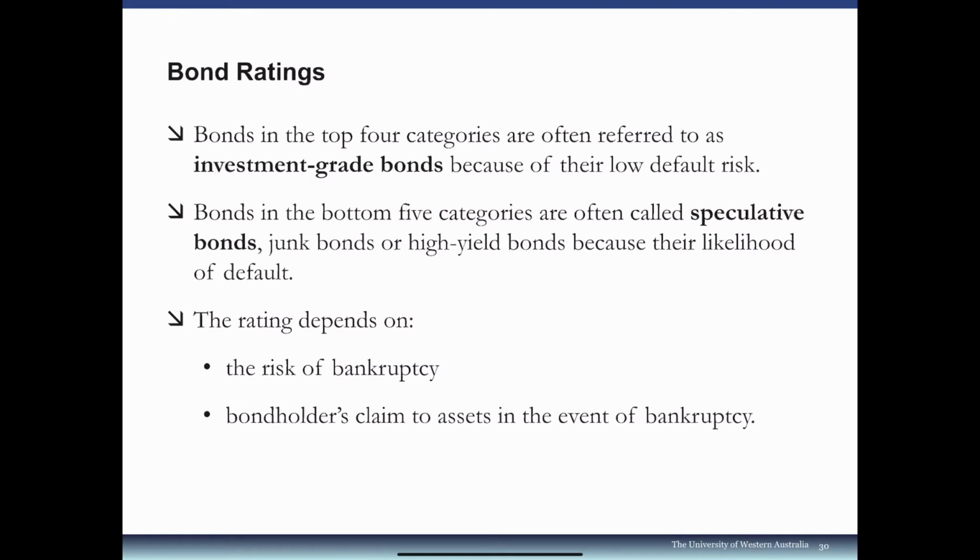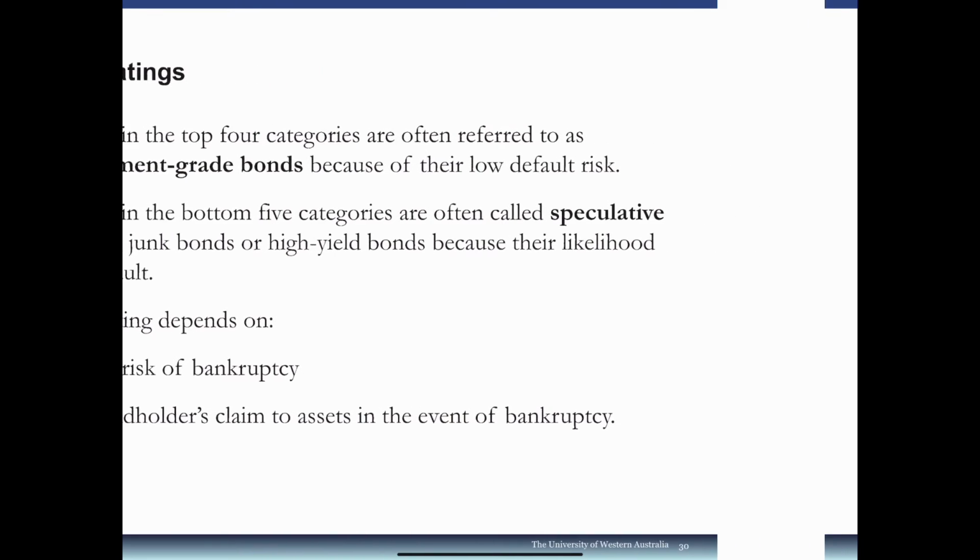The rating depends on the risk of bankruptcy and a bondholder's claim to assets in the event of bankruptcy, which means that if you are the lender of the money, and the issuer has a lot of liquid collateral, then in the event of bankruptcy there's a higher chance for you to get some money back, and that would have an impact on credit risk, right?